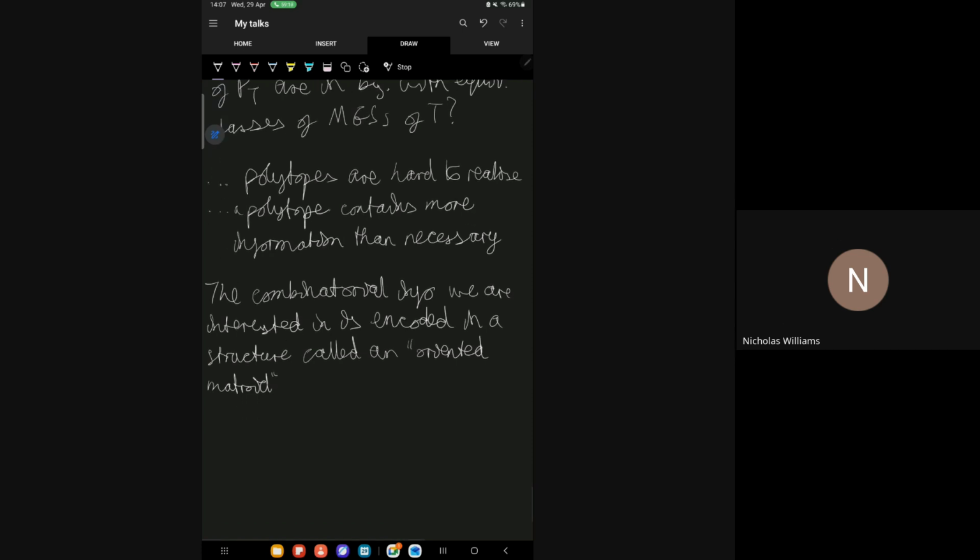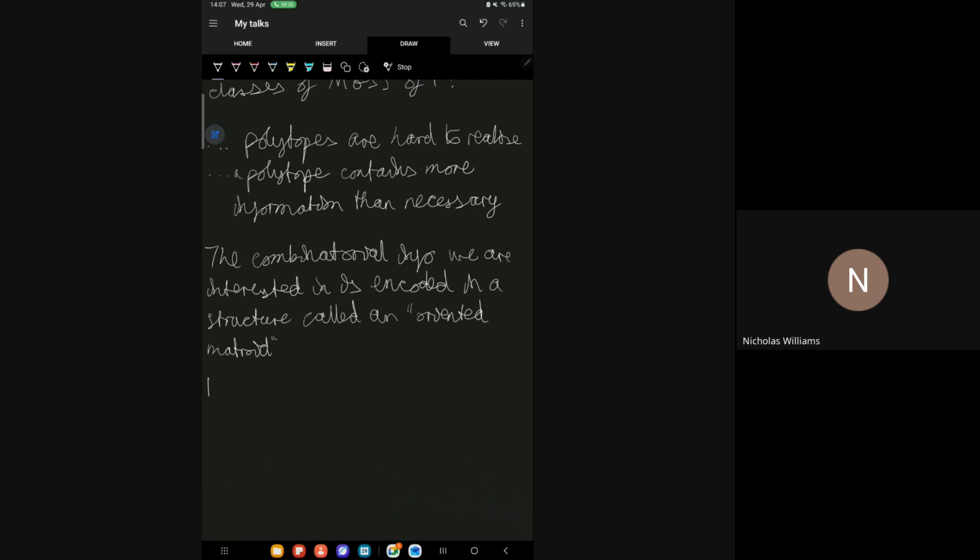Let me give you a bit of an idea of what these are. So I'm going to let E = {v_1, ..., v_n} inside R^r just be a set of non-zero vectors.